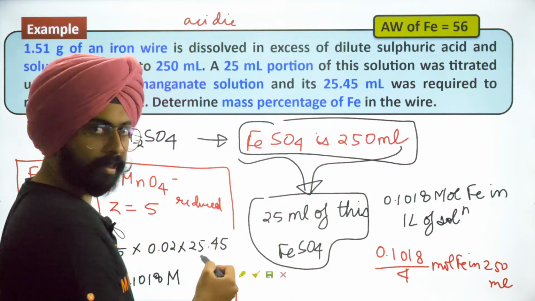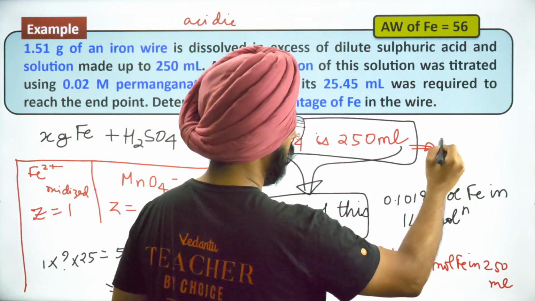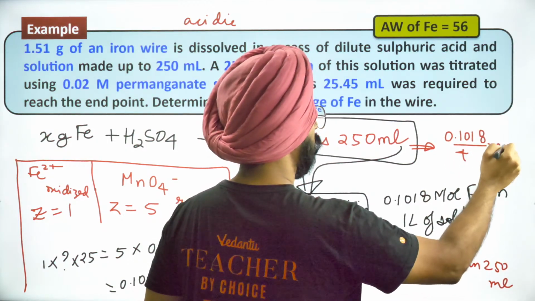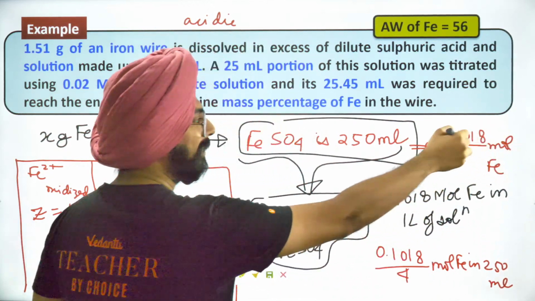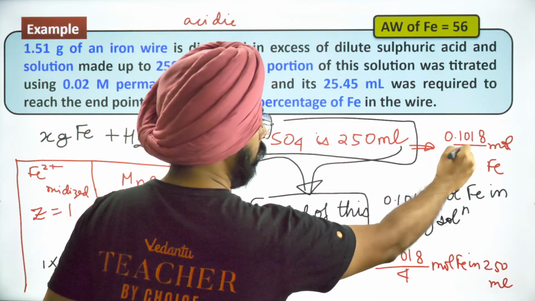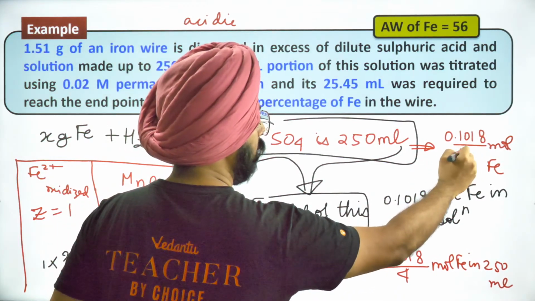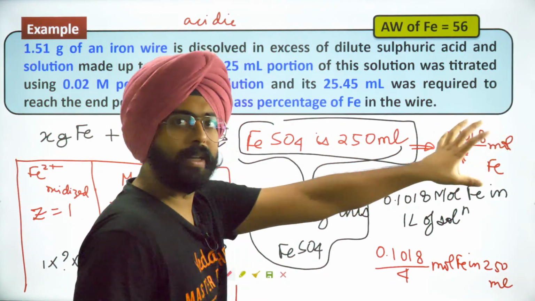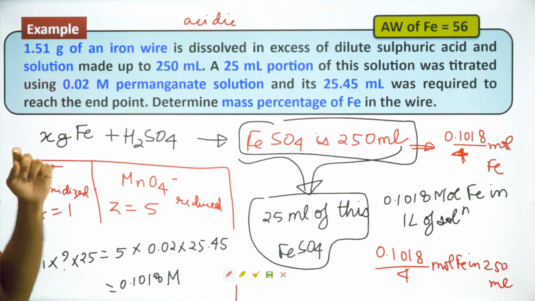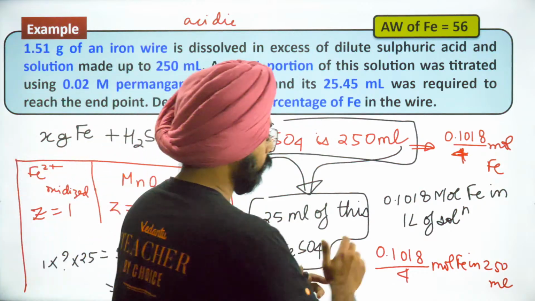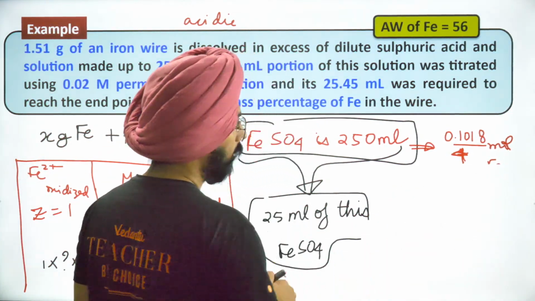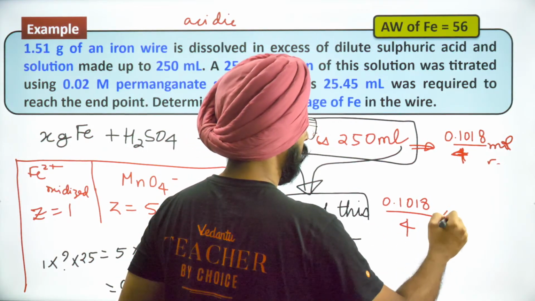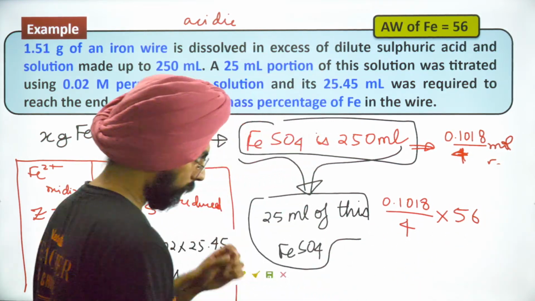So in this particular solution, I have 0.1018 by 4 mole of iron. Where did this iron come from? All of this iron came from the wire. So the mass of iron over here is basically coming from the wire. Let's calculate its mass. That is 0.1018 divided by 4 into 56.